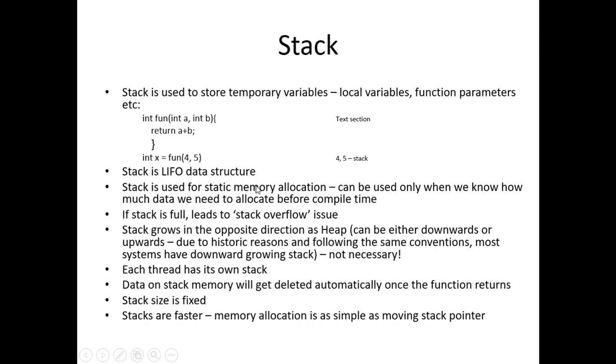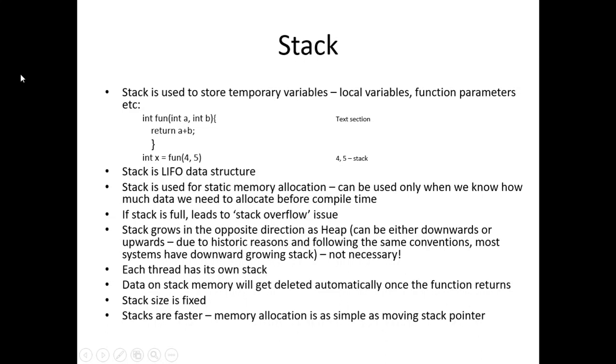By static memory allocation, I mean we should know before compile time how much data we need to allocate. For example, if you want to create a stack of five integers, this number of five integers should be known before compile time. Only then will we be able to use the stack.